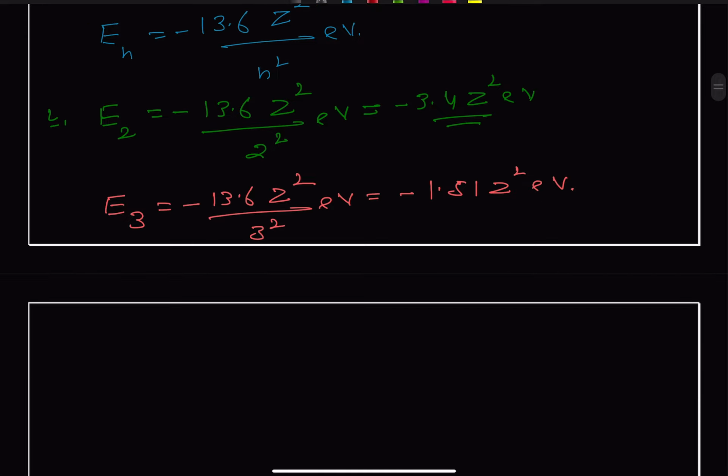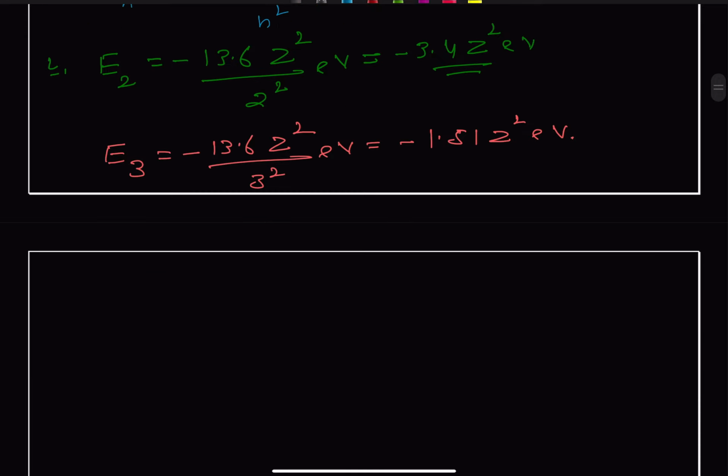So we simply subtract these two. We can write that E3 minus E2 will be equal to minus 1.51 Z square, and minus of E2 is plus 3.4 Z square.